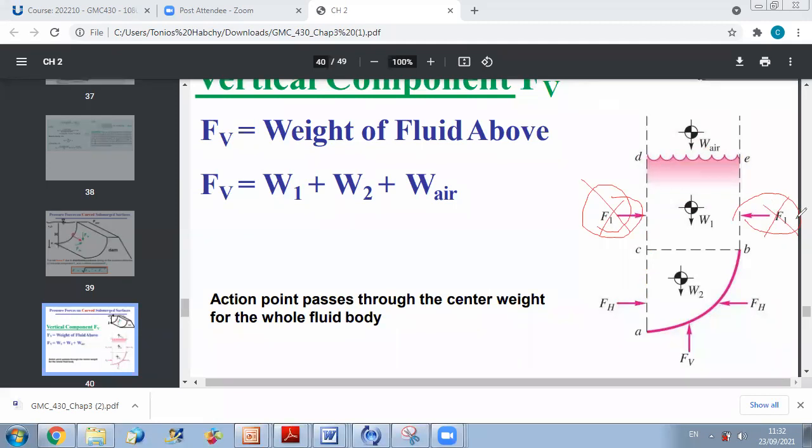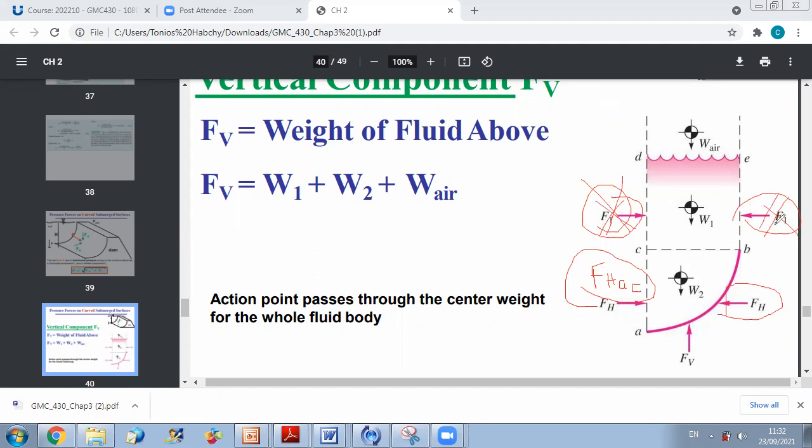So we still have the force applied, F horizontal, we'll call it F horizontal on AC. We will see together when we apply equilibrium that the horizontal force on AC should be in equilibrium with the horizontal component of the force of the curved surface on the fluid, because these two will cancel out.